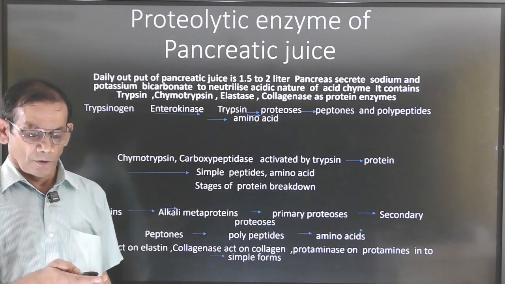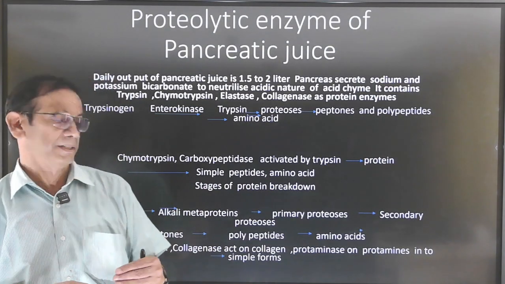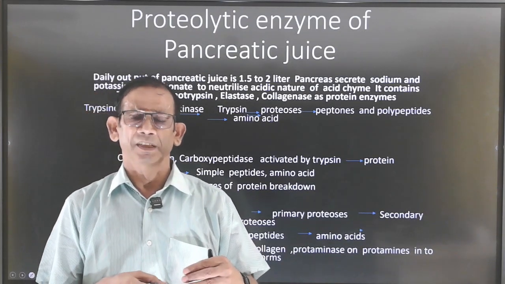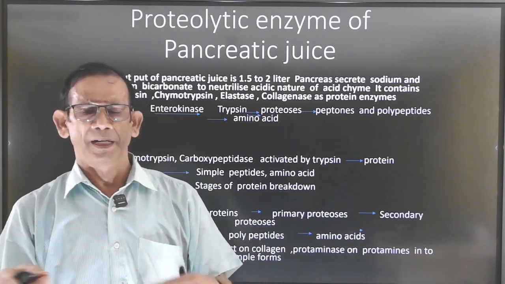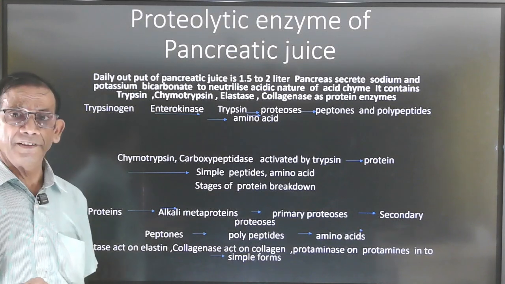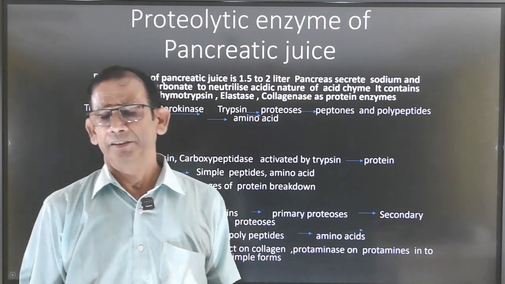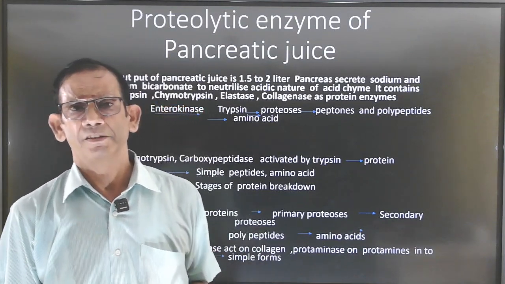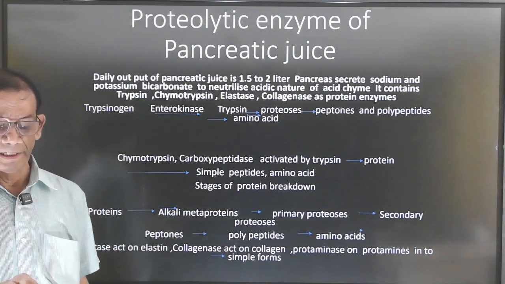So overall, the stages of protein breakdown are: protein is first converted into alkali metaprotein, then primary proteases, then secondary proteases, then peptones, then polypeptides and amino acids. At the same time, collagenase acts on collagen and lecithin, protaminase acts on protamines, and elastase acts on elastin.